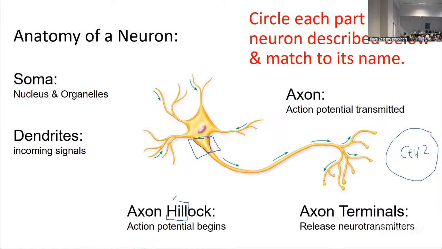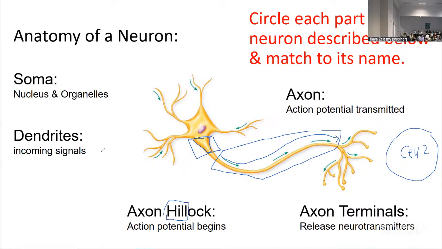Eventually we're going to be focusing on this location as the starting point of our action potentials, because our action potentials are going to be going down this long, skinny axon. So the axon is this part, sending us out. Our action potential will be here.